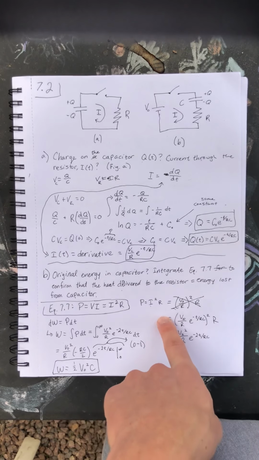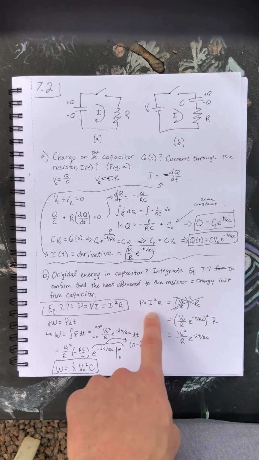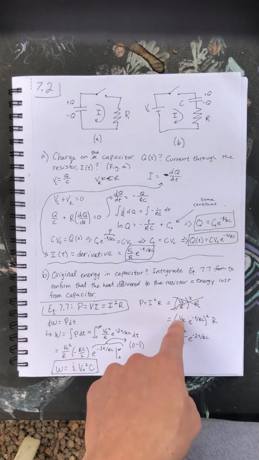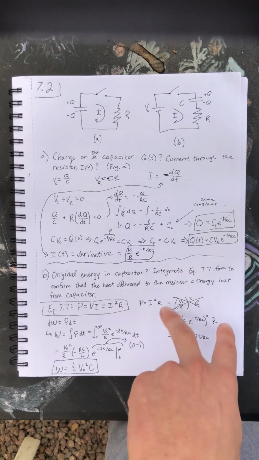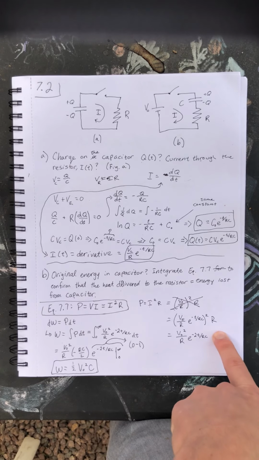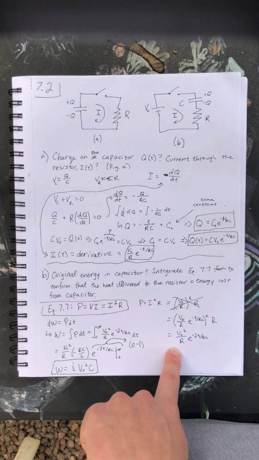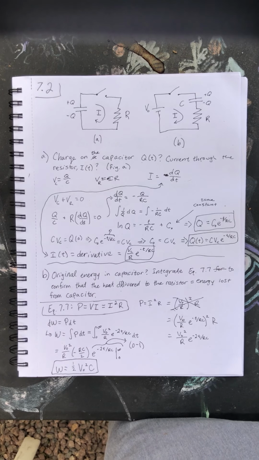So we can use what we determined for I up here, and we can find that P equals I squared R is going to be P equals V naught over R times e to the negative t over RC, that quantity squared, times R. When we square this out and multiply by R, we will finish with this right here. So then we can go back to the formula dW equals P dt.